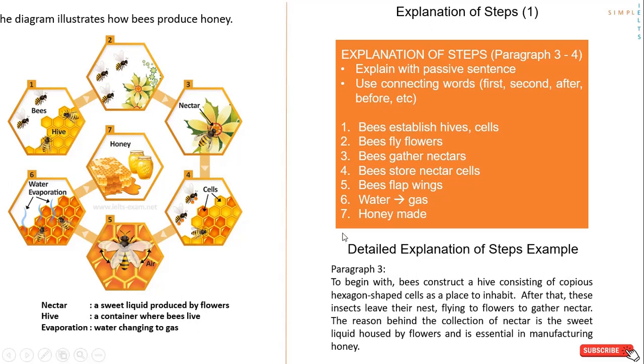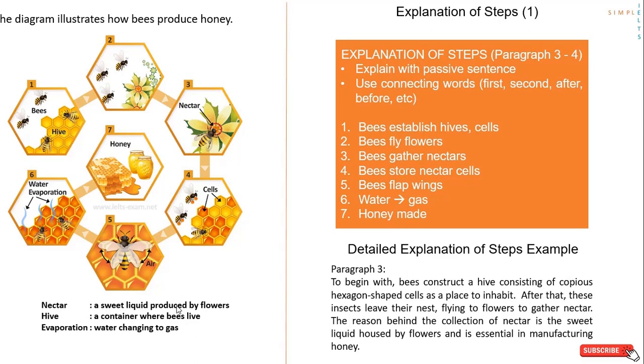And then another thing that you should know is the explanations that come with the diagram. The reason behind the collection of nectar is the sweet liquid housed by flowers. So the meaning of nectar is a sweet liquid produced by flowers. So in essence, flowers produce sweet liquid, or flowers house it. Housed means consist of, or this is something where you can find sweet liquid.